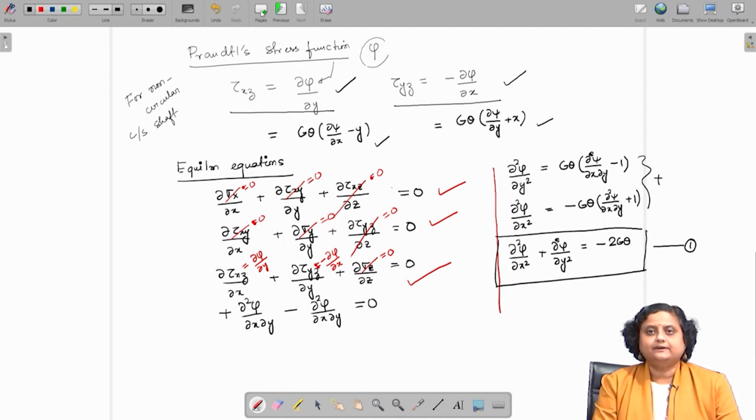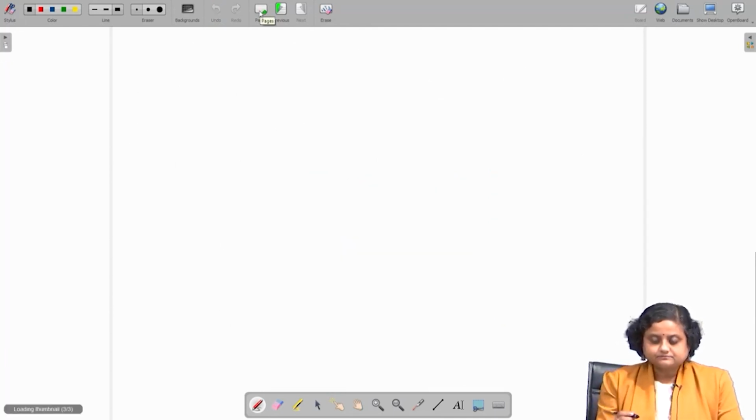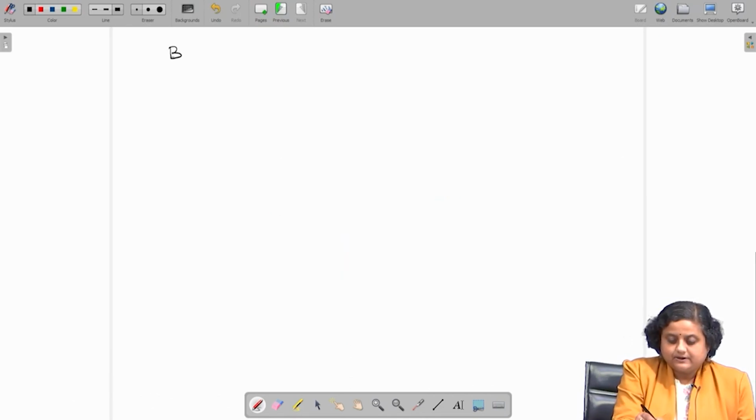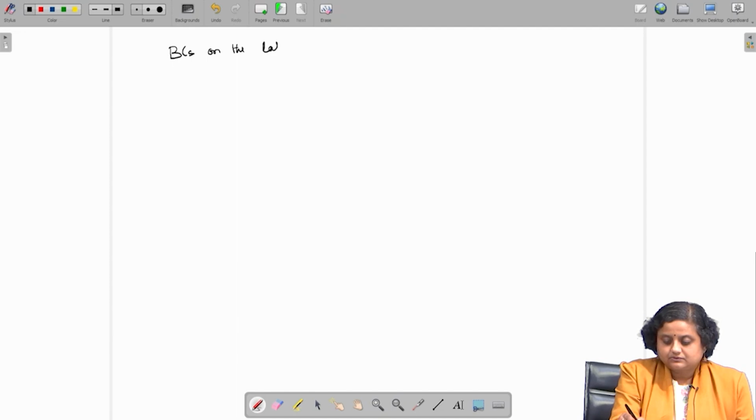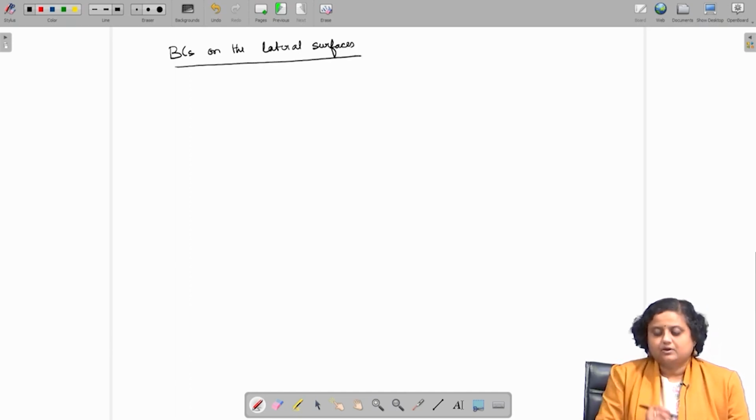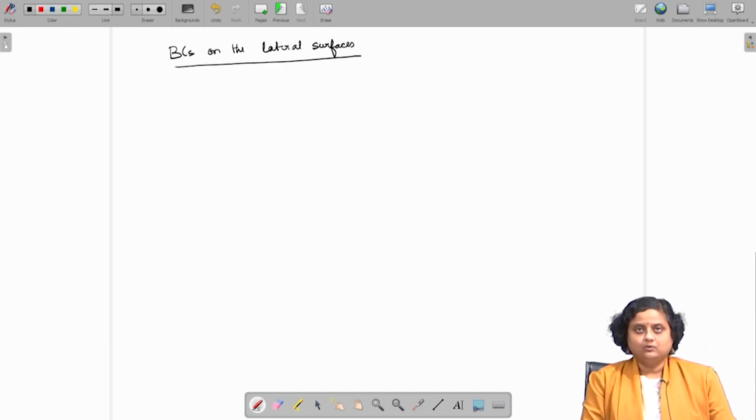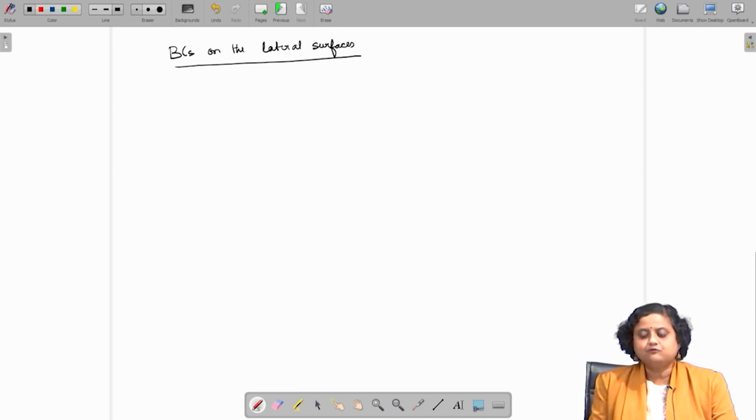Let us see whether the Prandtl stress function satisfies the boundary conditions on the lateral surfaces. As we know, similar to the torsion of a circular shaft, for the non-circular cross-section shaft also the lateral surfaces are force free.